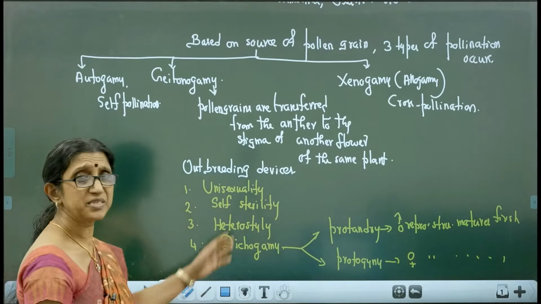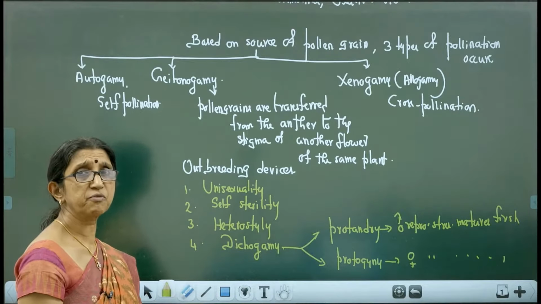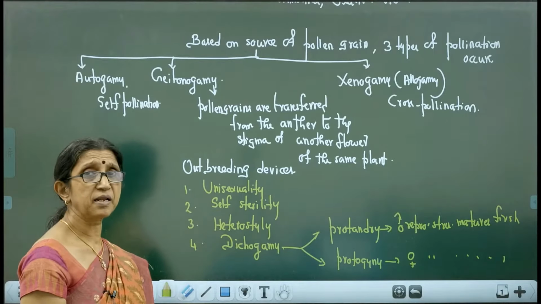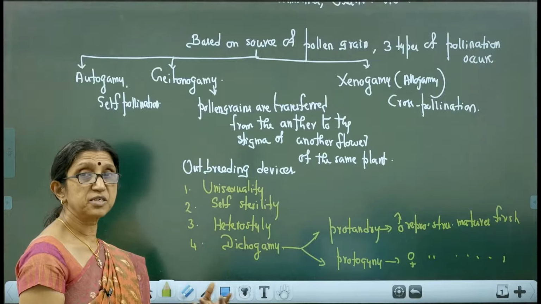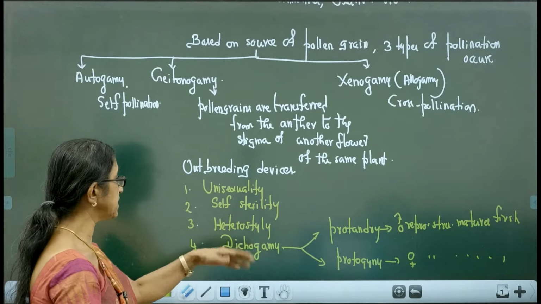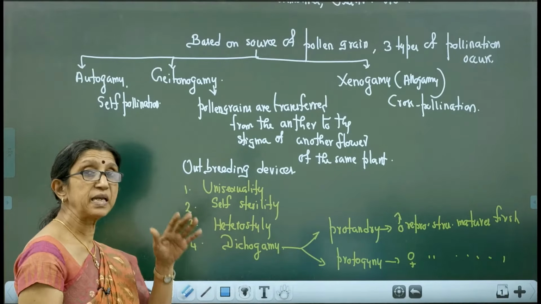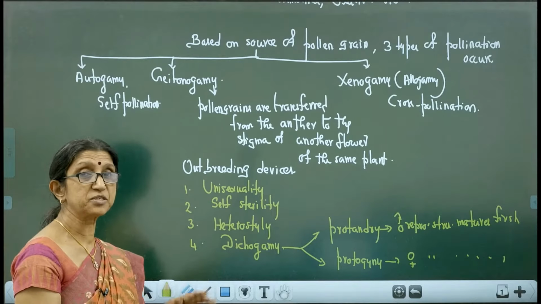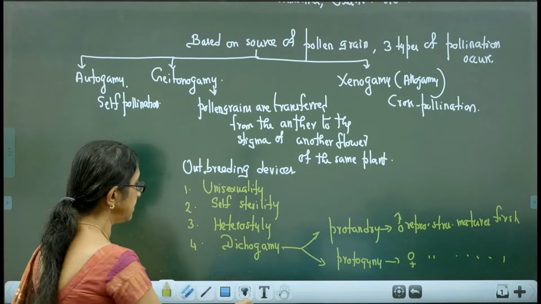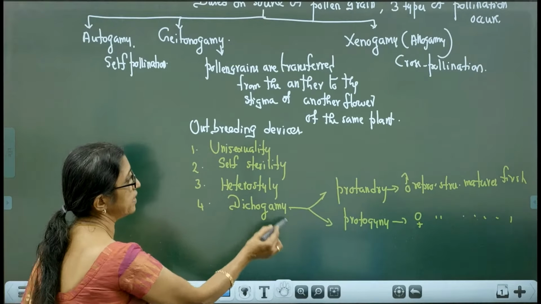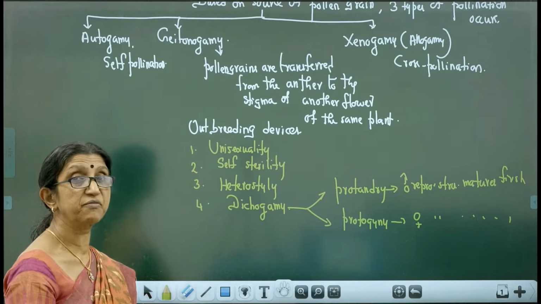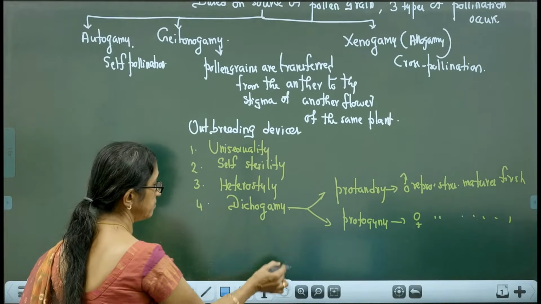Unisexuality is the formation of unisexual flowers. Self-sterility, due to some reasons, self-fertilization is prevented. Then heterostyly, male and female reproductive structures are placed at different levels. Then dichogamy, maturation of the male and female reproductive structures at different periods.